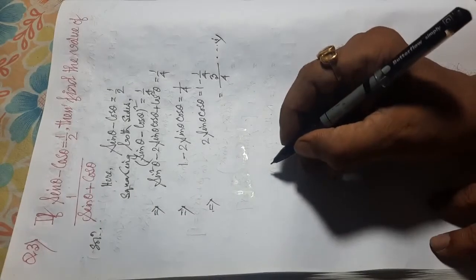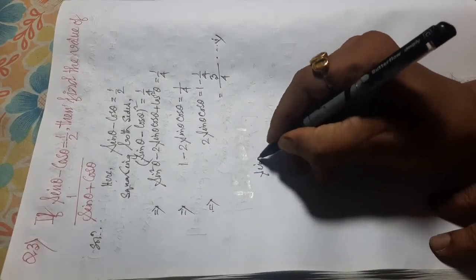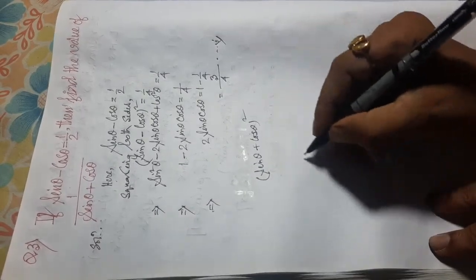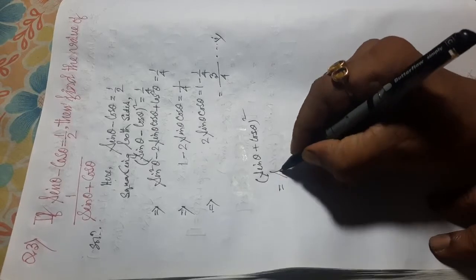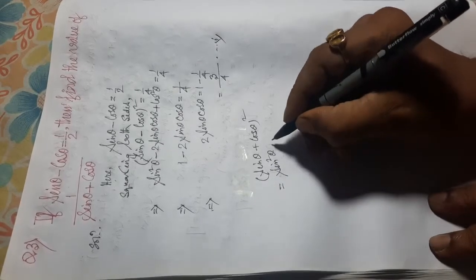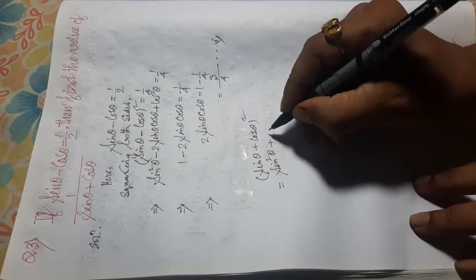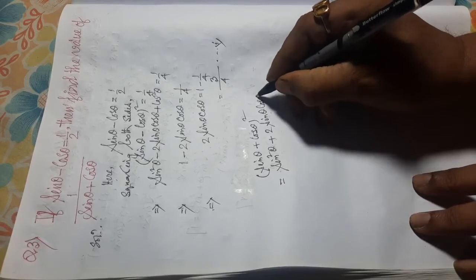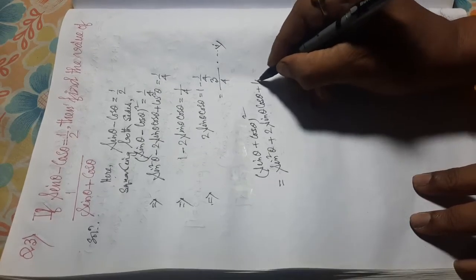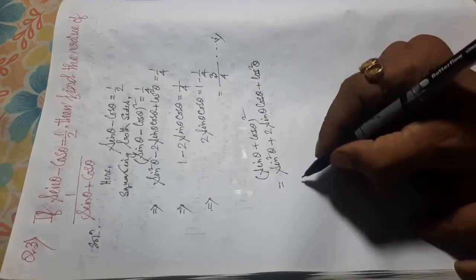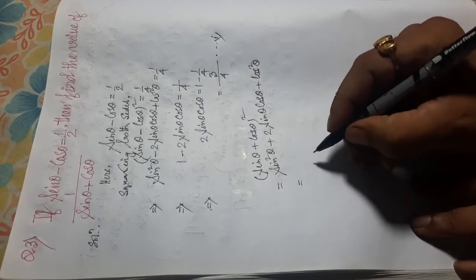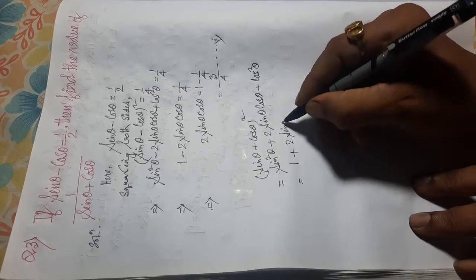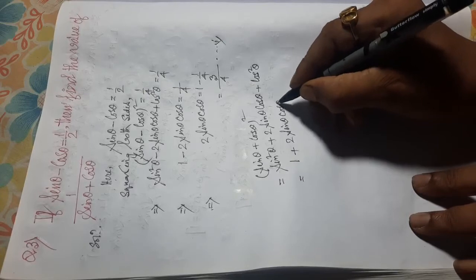Now, sin theta plus cos theta whole square is equal to sin square theta plus 2 sin theta into cos theta plus cos square theta. Sin square theta plus cos square theta is equal to 1, plus 2 sin theta into cos theta.